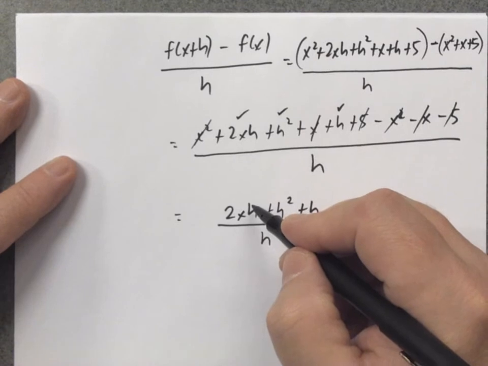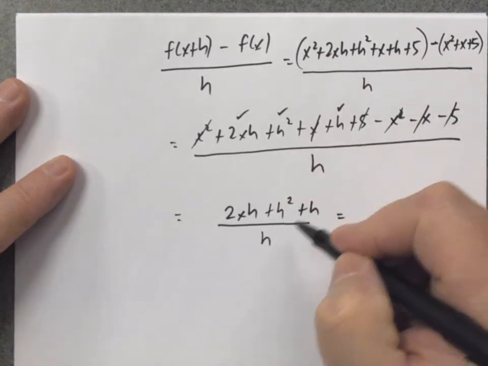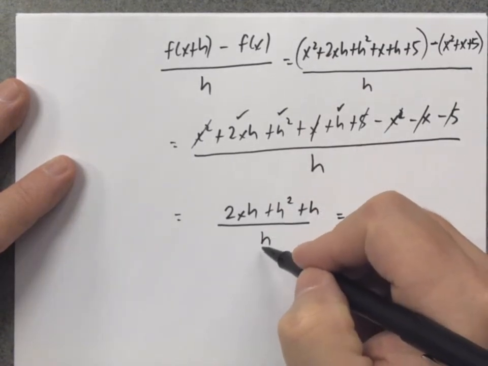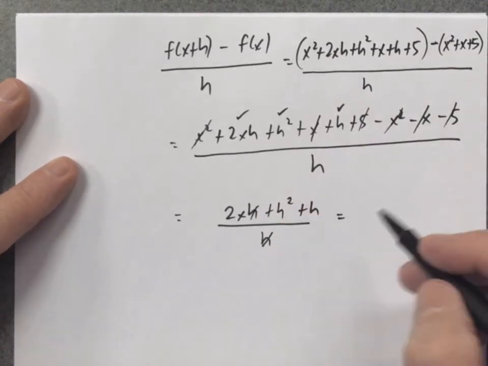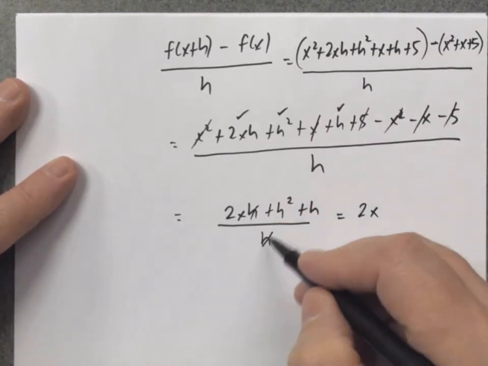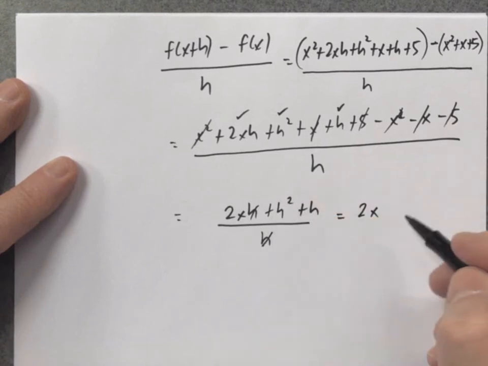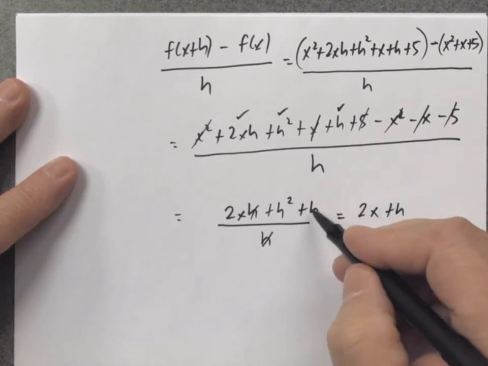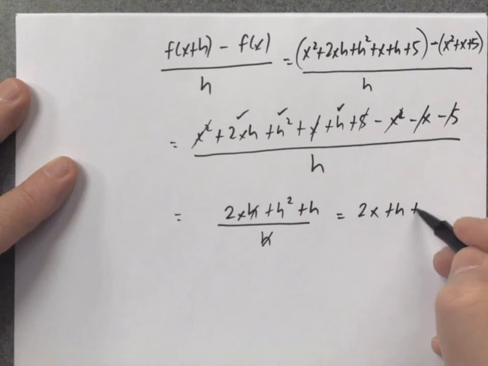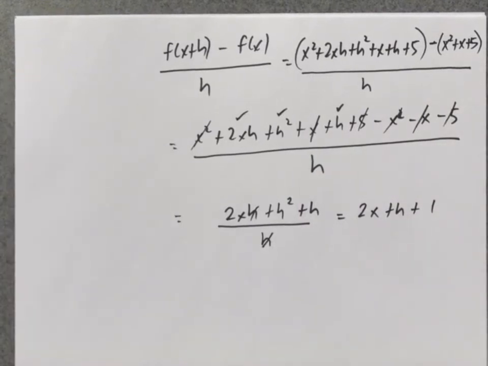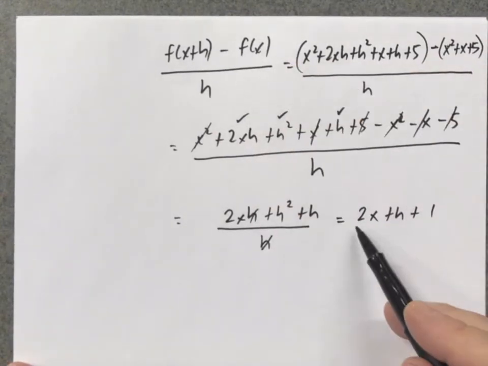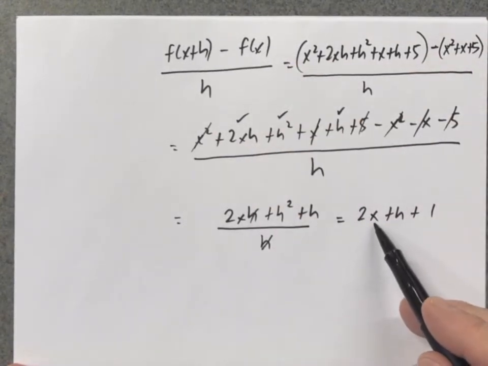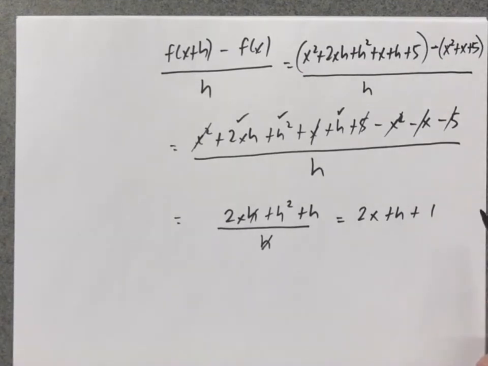So since I have an h here, an h squared, and an h, I can go ahead and cancel this. And the 2xh just becomes 2x. H squared over h becomes h, and h over h is 1. So then this difference quotient, when I'm all done, should equal 2x plus h plus 1.